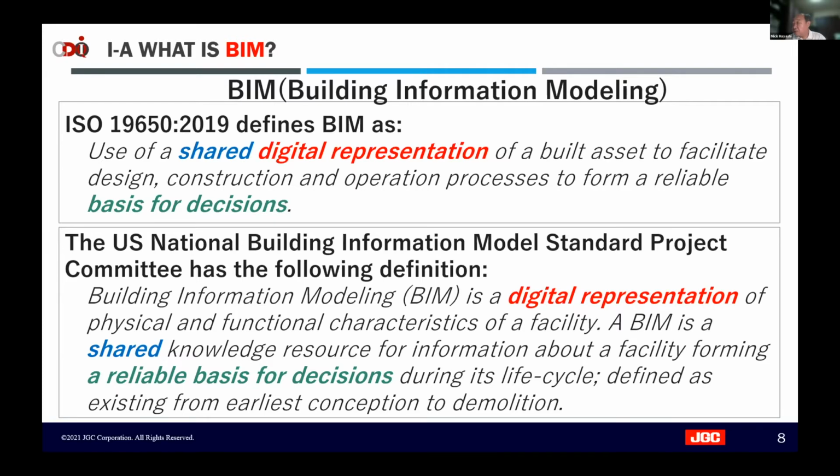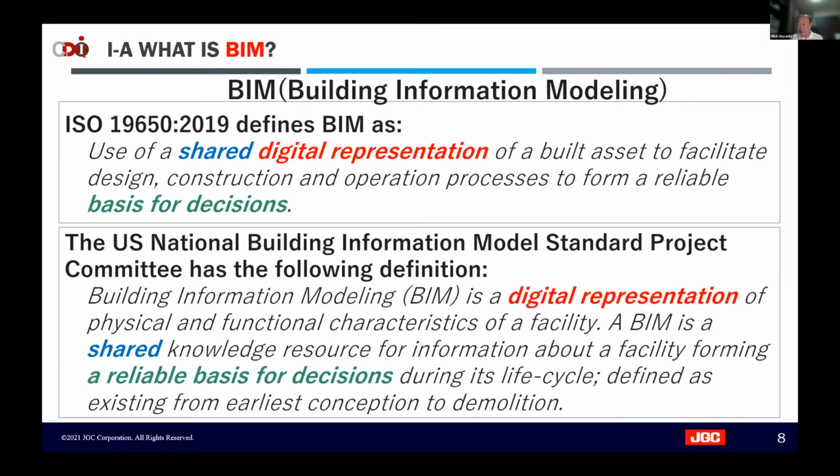BIM is a digital representation of physical and functional characteristics of a facility. A BIM is a shared knowledge resource for information about a facility, forming a reliable basis for decisions during its life cycle, defined as existing from earliest conception to demolition.